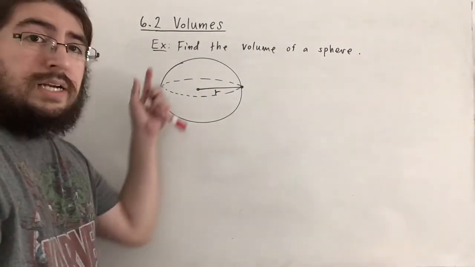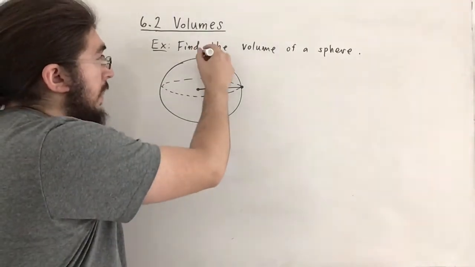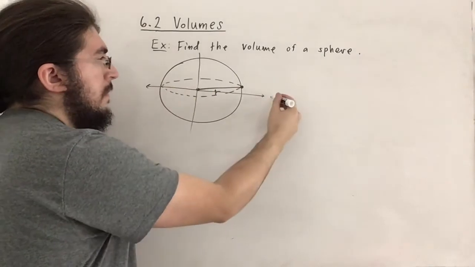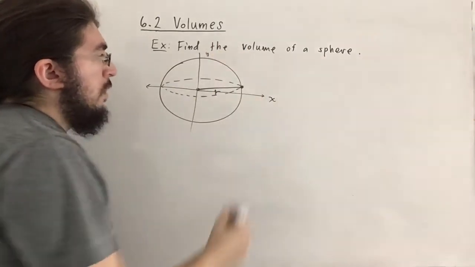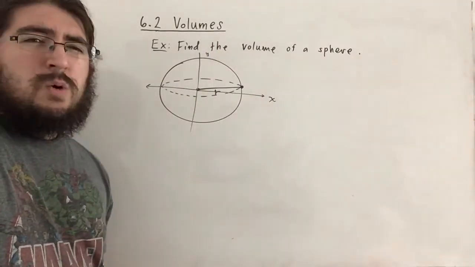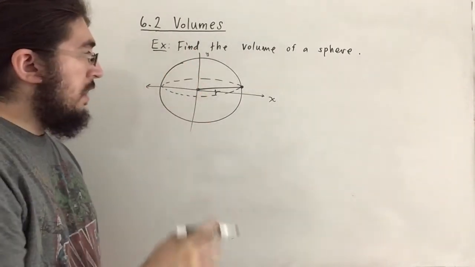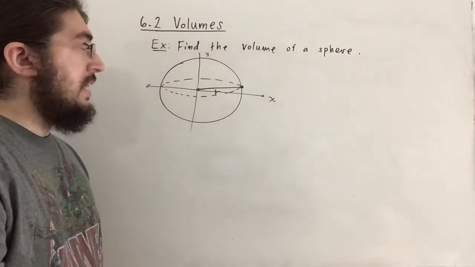But now what we're going to do is center this in the xy plane. And what we're going to do is find an equation for the sphere. Well, not really. We're actually going to find the equation of a circle, and then we're going to rotate parts of the circle around the x-axis.